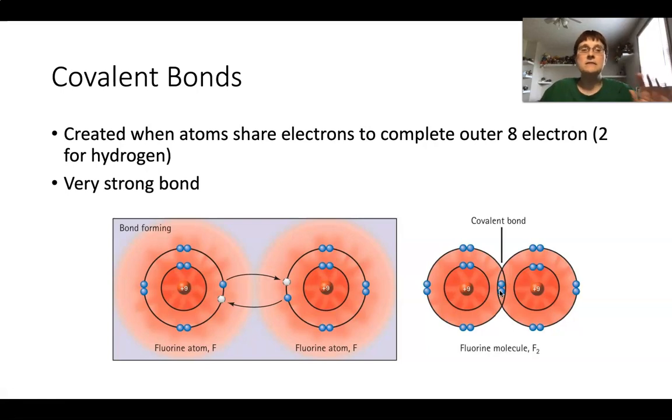This is a very, very strong bond. Once the bond is formed, they don't want to give up their filled valence shell. They're stable, they're steady atoms, they have their 8.